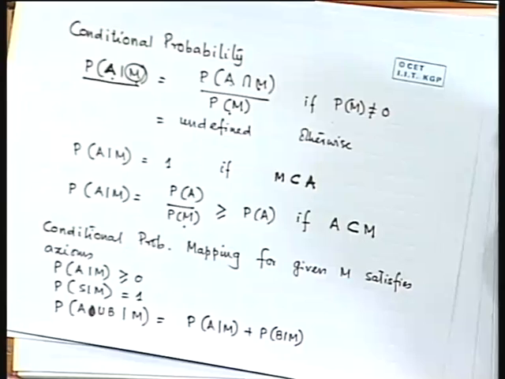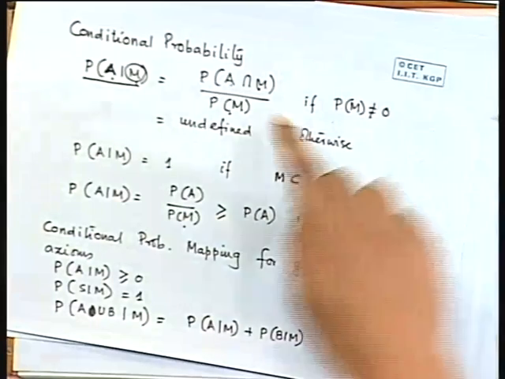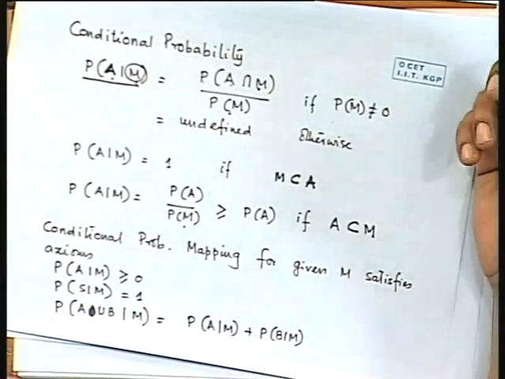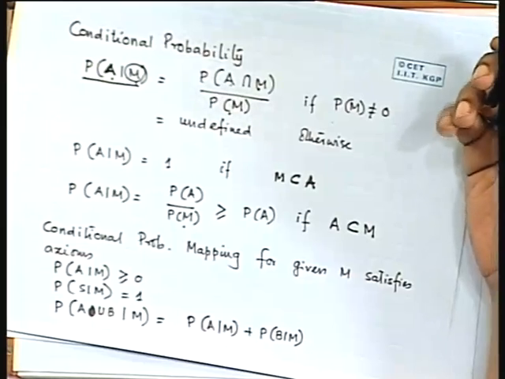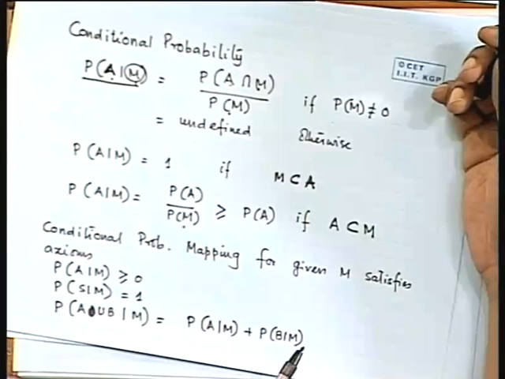Because if A is a subset of M, then A intersection M is A.